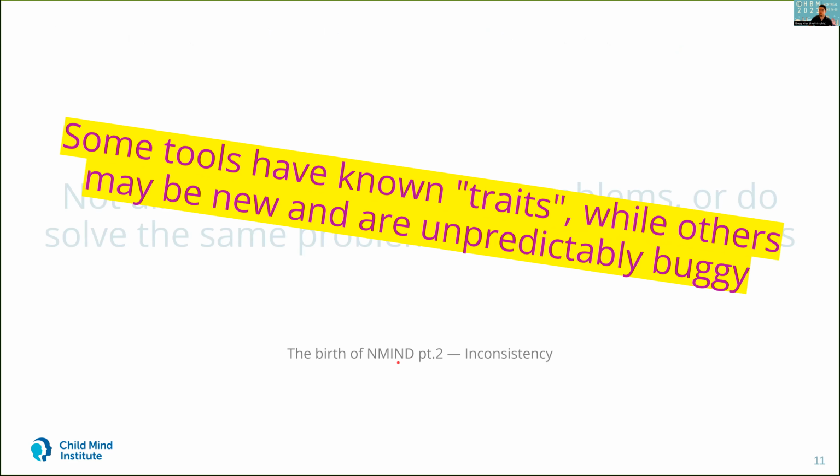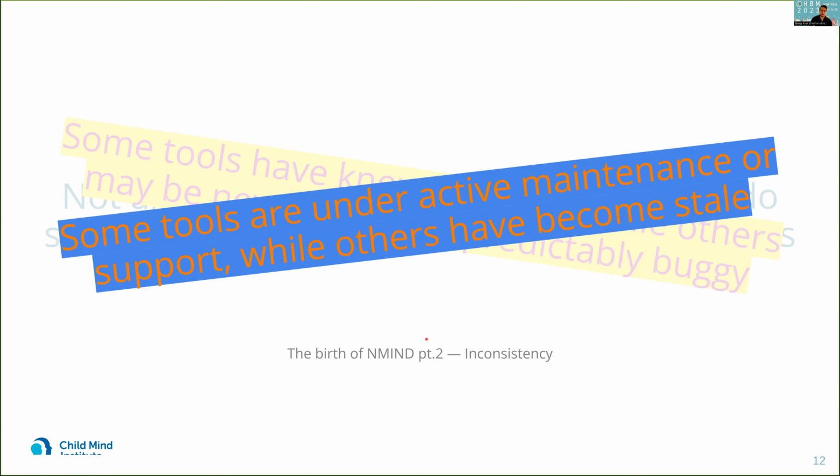Other tools will have known traits or attributes that may not be ideal, but we know how to work around them, while others may be new, and they'll have unpredictable, buggy behavior. Some may be under active maintenance, while tools in the other category may be stale, the opposite of stable. I'm sure we can all think of a tool that we developed during grad school and then stopped maintaining, and that fits into this category.